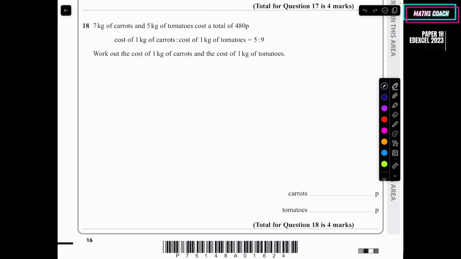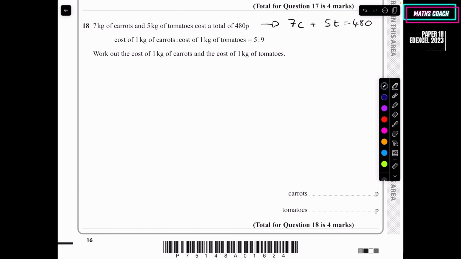Now, how do we set this up? Well, let's look at that first sentence. What we can say is 7c for carrots plus 5t, let's use t for tomatoes, is equal to 480p. It's in pennies. I'm not going to add the p here in case you think it's a variable.